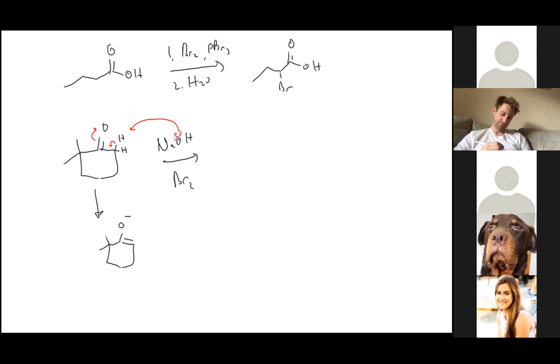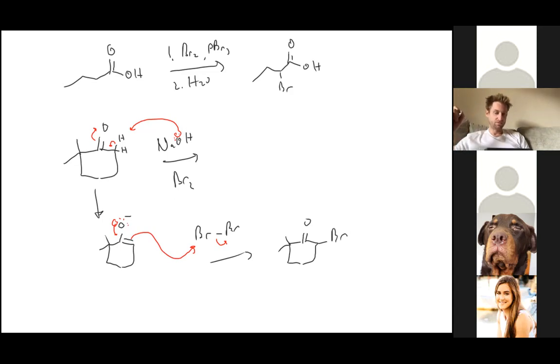This can attack a bromine to give us a bromination product.